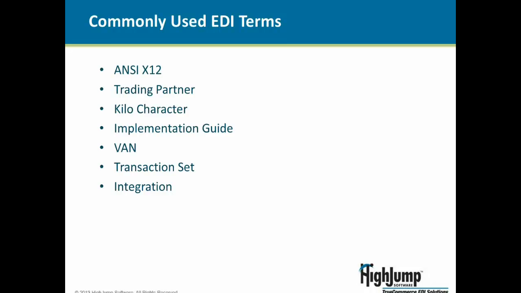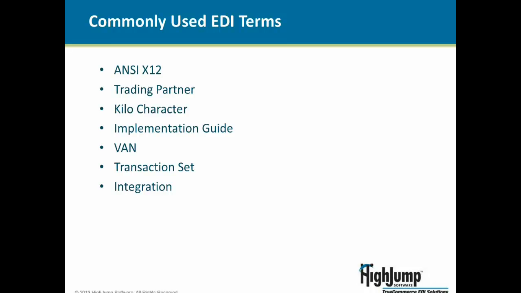The trading partner is who you're sending data to and from. A kilocharacter is essentially a unit of measure for the size of the data that you're sending across the network. An implementation guide is basically telling you how the EDI transactions will need to be set up and the processes to work with the trading partner.